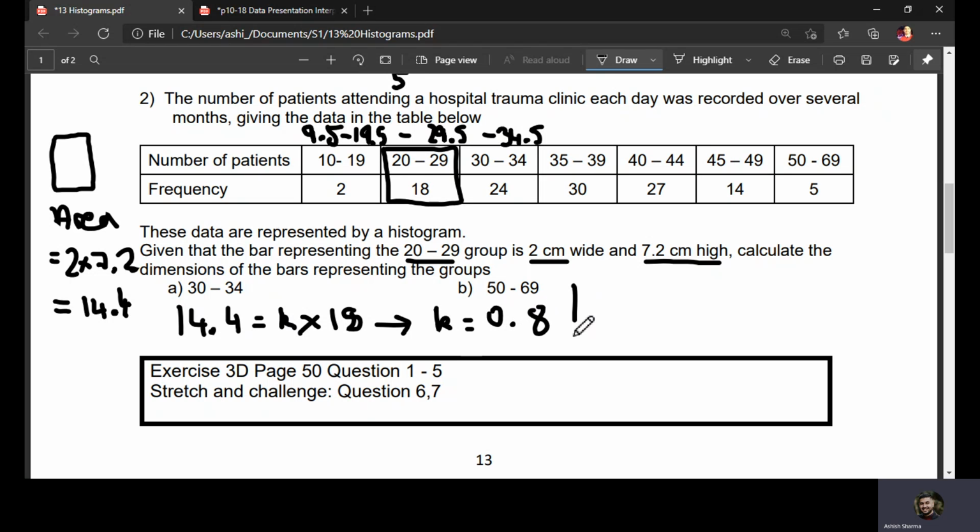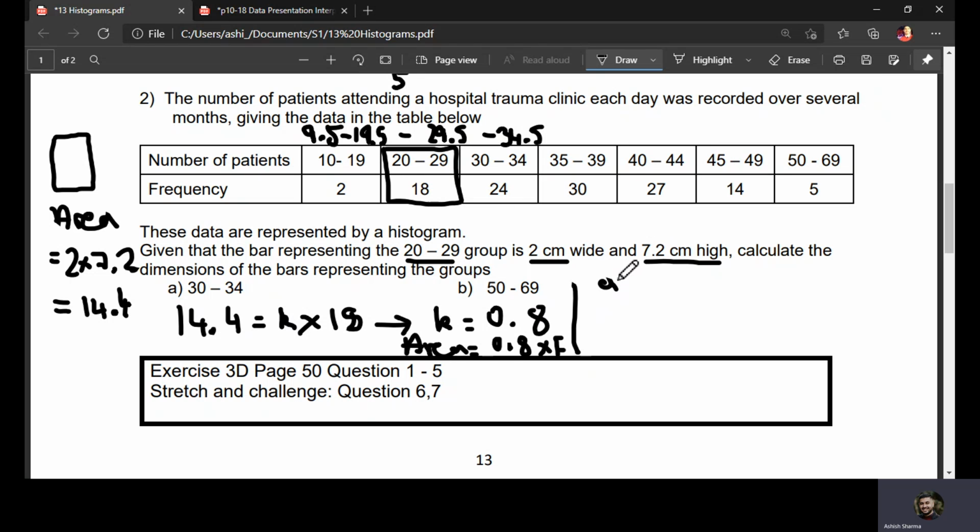So using this information, let's think about the situation going ahead. The area of each of these bars will be 0.8 times F. Now we've got all frequencies here, so that would be good for us.